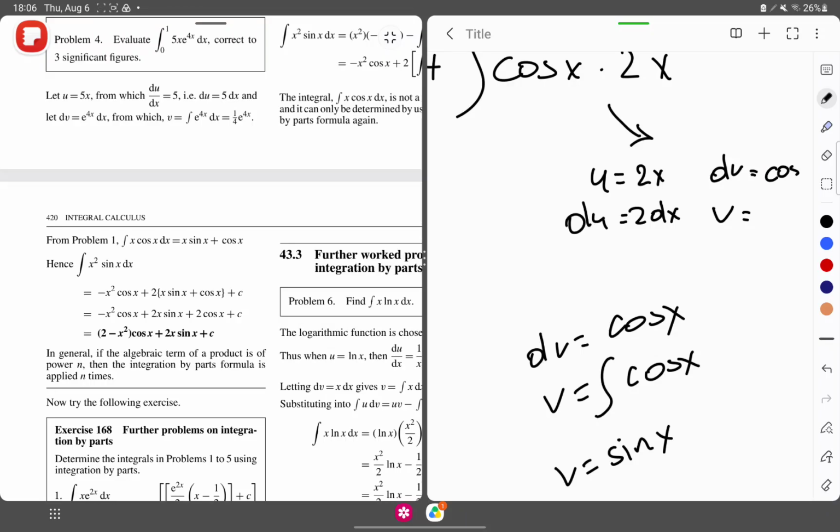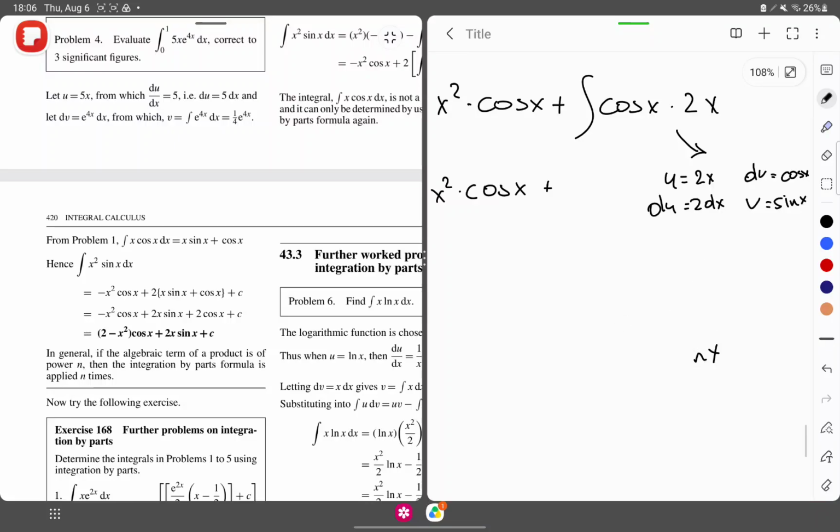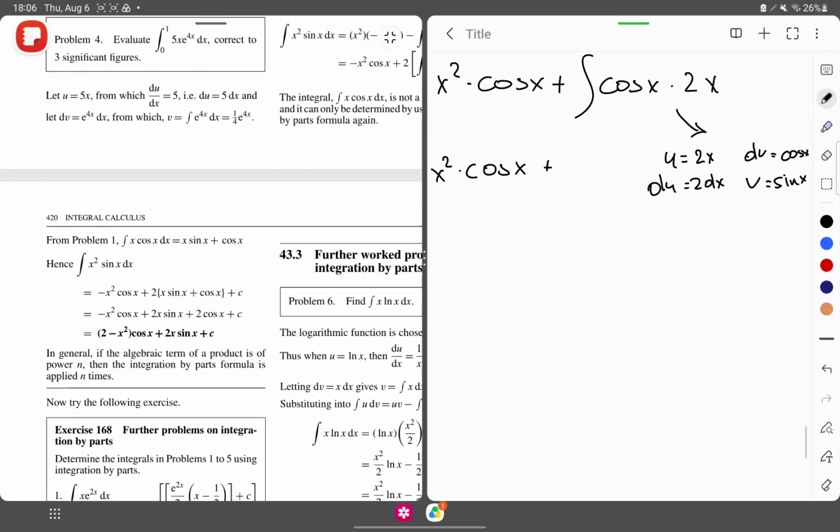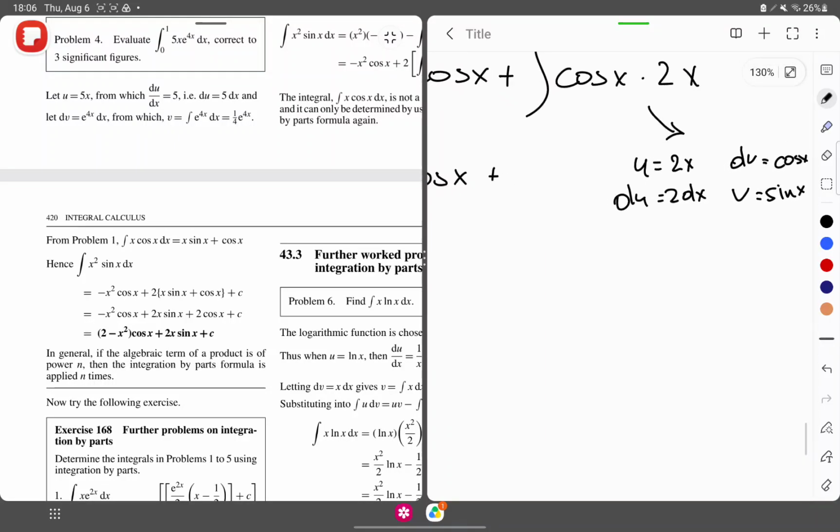So if we use this one, that will be 2x sine x minus the integral of 2 sine x dx.